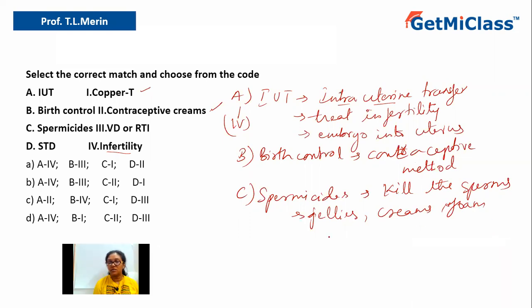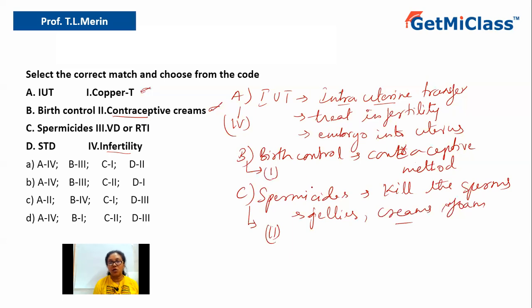So of course, this is also a method of birth control. Since we have examples of creams, we can say it is option 2, that is contraceptive cream. So C will go well with 2, and hence if this is gone with C, then we can consider copper T with B. So copper T is with B.